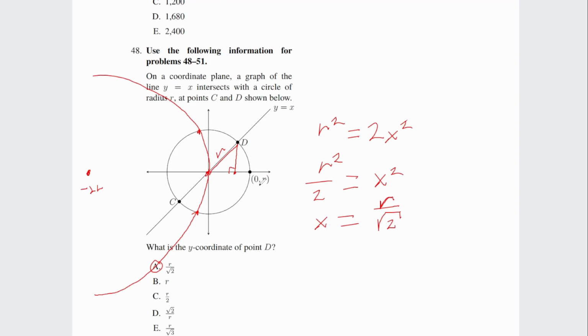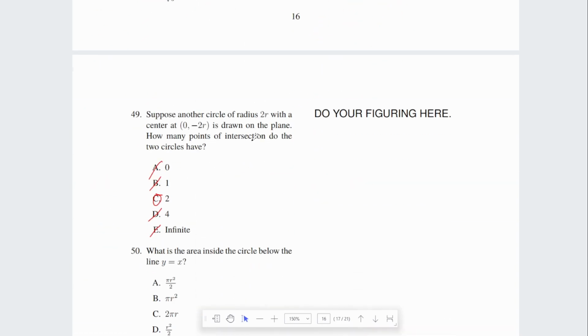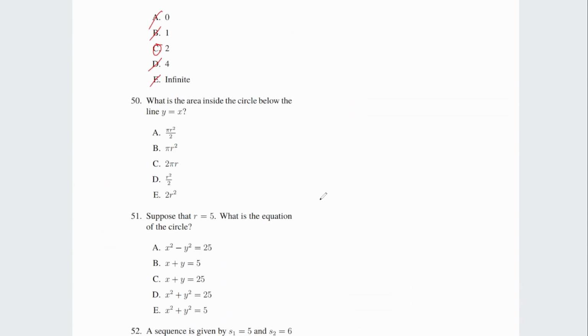This is not provided explicitly, but we know that if it intersects at point 0, then it is going through the origin because the circle wouldn't extend that far. So we know that the line y equals x is dividing the circle in half. It's going through the origin, dividing the circle perfectly in half. This should be fairly intuitive to most people, but it's worth bringing up.